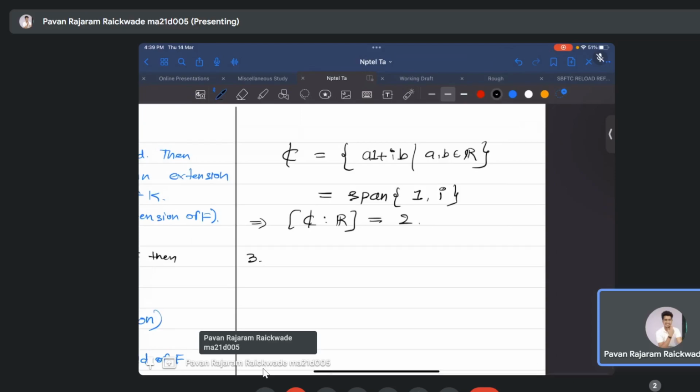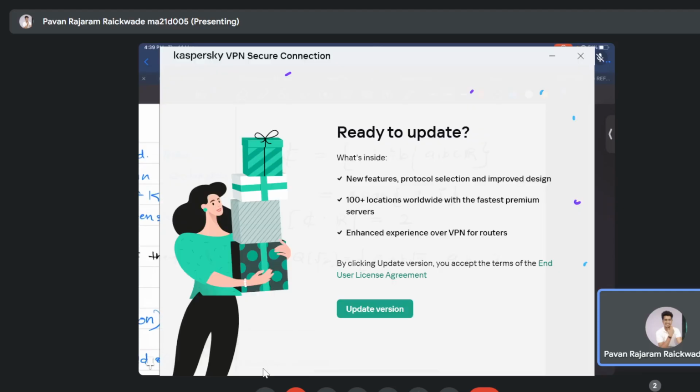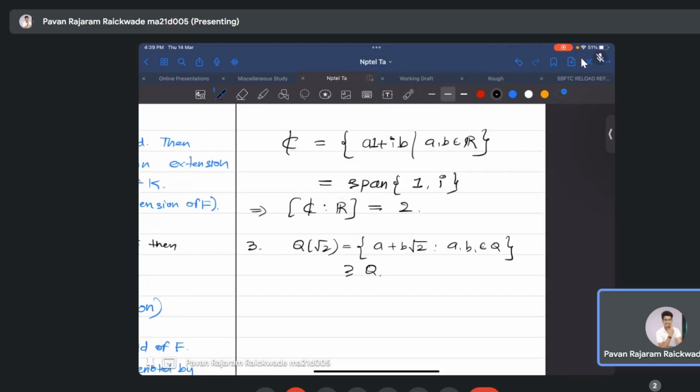Third, consider Q, the field of rational numbers, and take the extension Q(root 2), which is the set of all a plus b root 2, where a, b belong to the rationals. This is a field you can easily verify, and it contains the rationals. Is this a finite extension or an infinite extension?